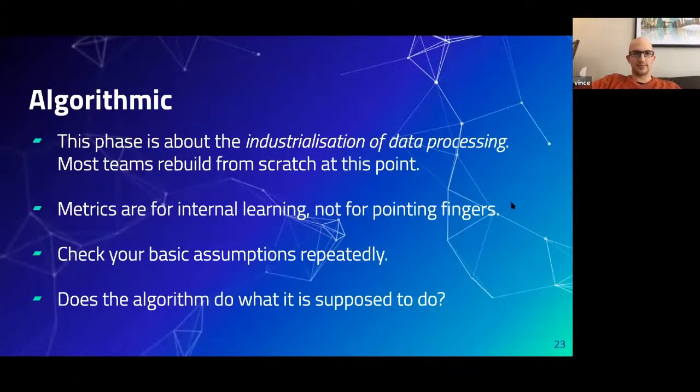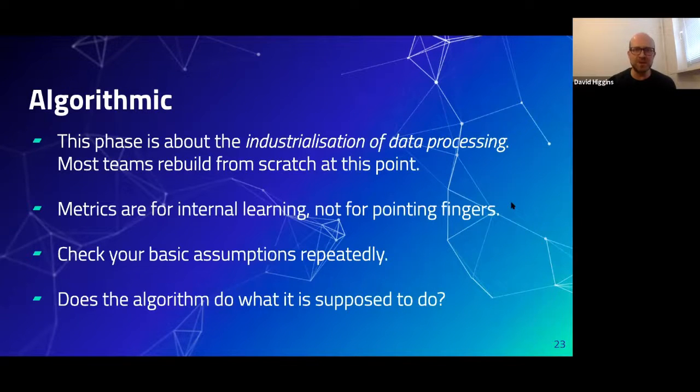Nice. There's a lot of interlacing between our different points here. What I would say from the algorithmic point of view is that build is where you get serious about things. This is the industrialization of data processing. Machine learning is fun to play with in an academic context, to fit some things and write a paper about how well you fitted such and such a data set.